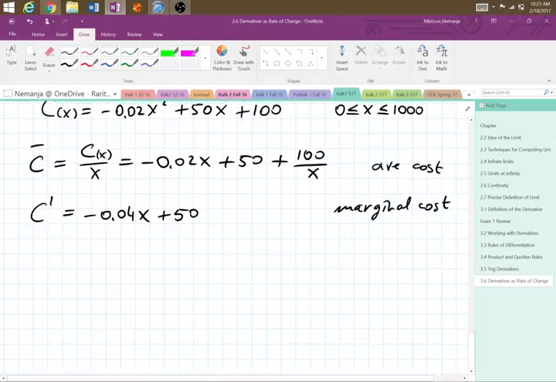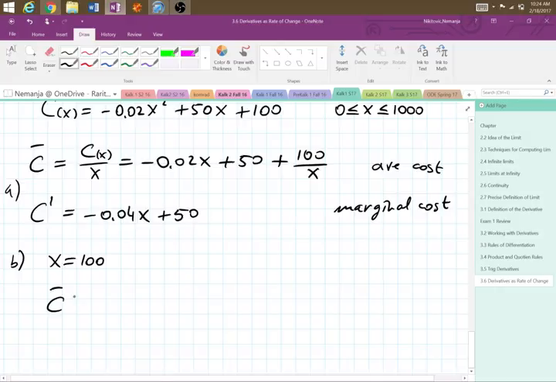And now, that's part A, we want to determine the average and marginal cost for the first 100 units. So what's happening for x equals 100? Well, we plug that in, right? You plug in both of these.